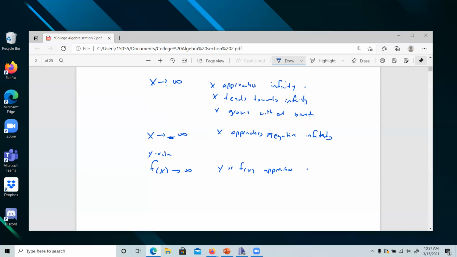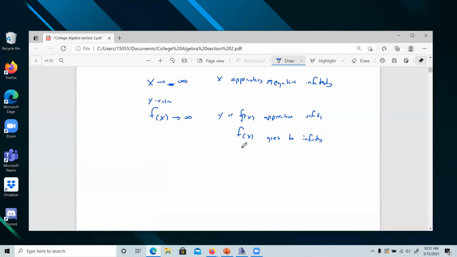So we'll say approaches infinity, but we'll often as not say f of x goes to infinity. Yes, the Toy Story echoes in my head every time I hear this. Okay, so f of x goes to infinity and beyond.